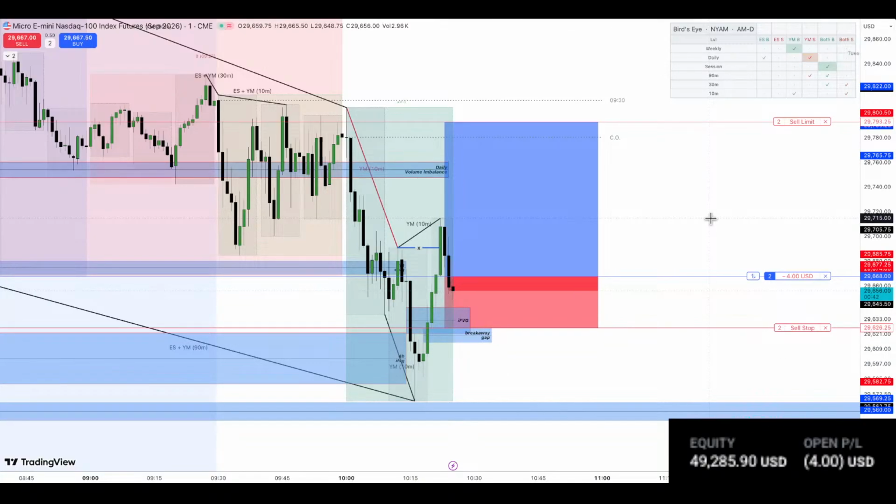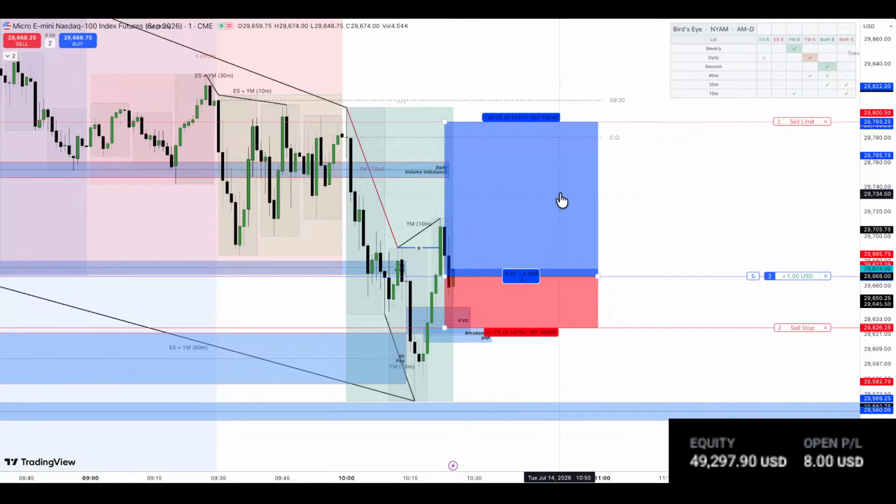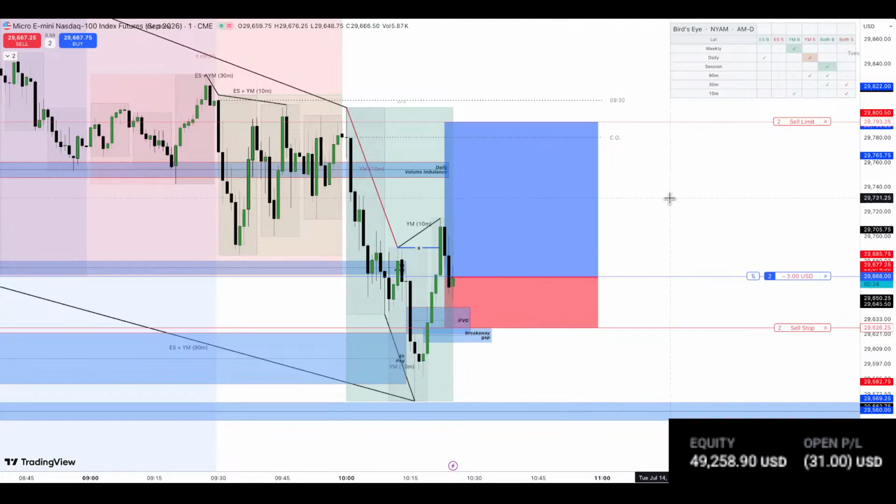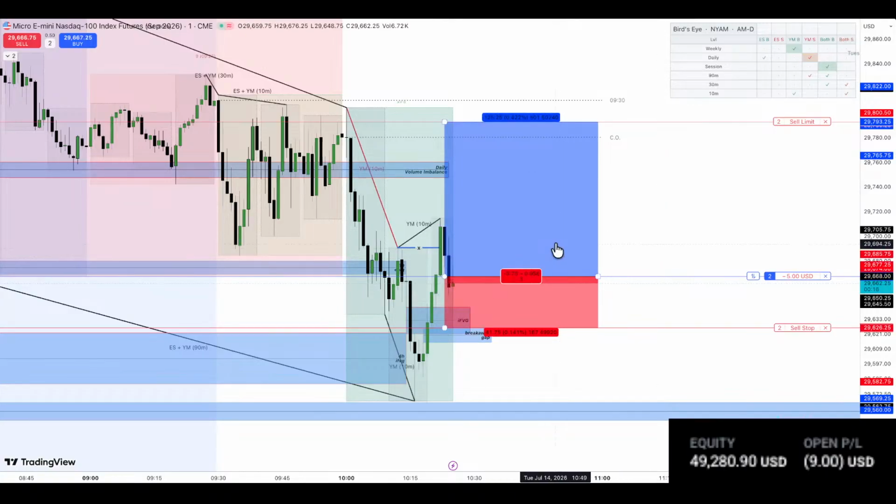Let's see. Here's my IFVG. How much is this? 41.